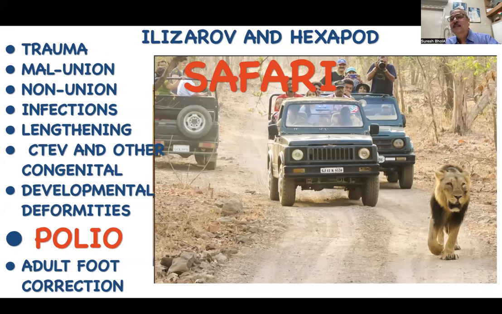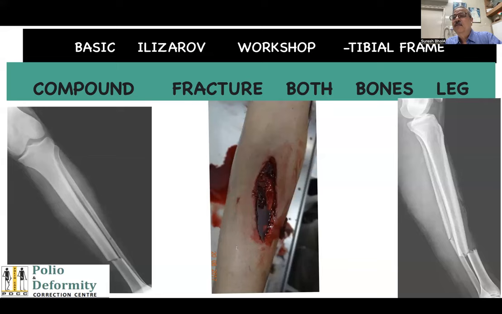Compound fracture both bones of the leg. I think every beginner in the Ilizarov methodology should start with the tibial frames. And this is one of the indications. Most of the orthopedic surgeons come across such kind of cases, compound fracture both bones of the leg.